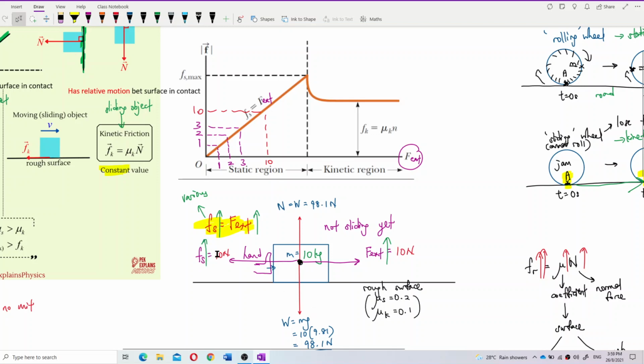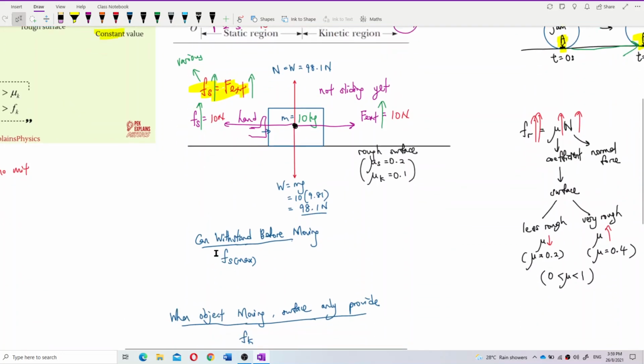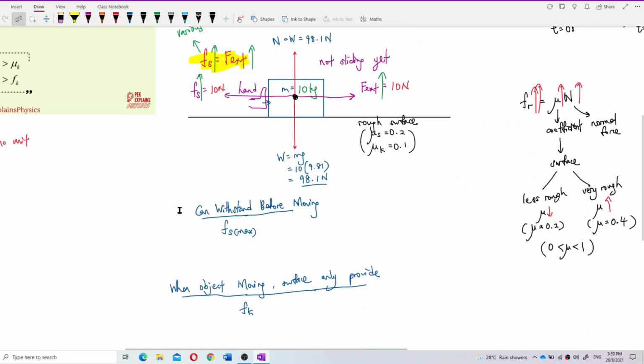To investigate the maximum value, we look at what the surface can withstand, can hold or can grip the object before the object starts moving. That is what we call the maximum static friction.